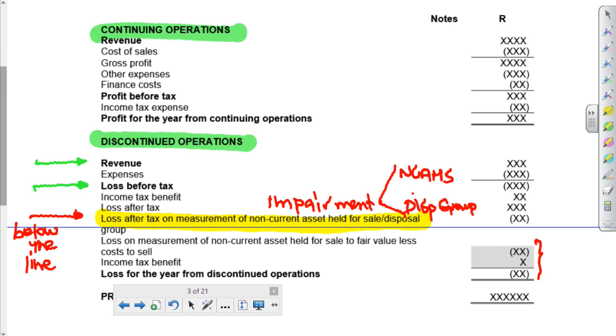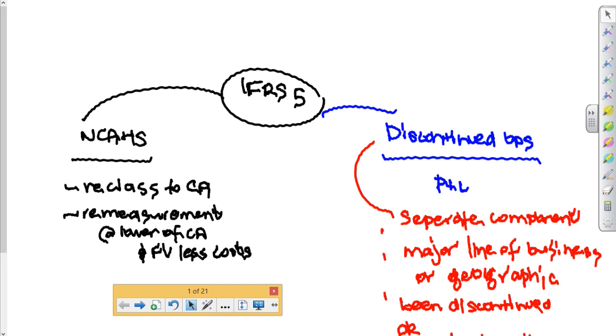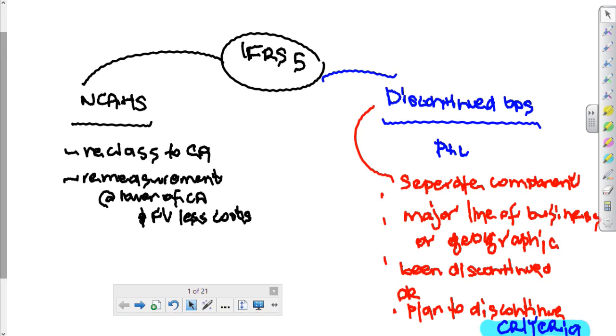Yeah. So this impairment that we work out from last week of the remeasurement of our non-current assets or our disposal group in this discontinued operation lands up at the bottom of your P&L as a separately disclosable line, on the face. So if I go back to the very beginning here and I say to you, IFRS 5 deals with non-current assets held for sale and discontinued ops.